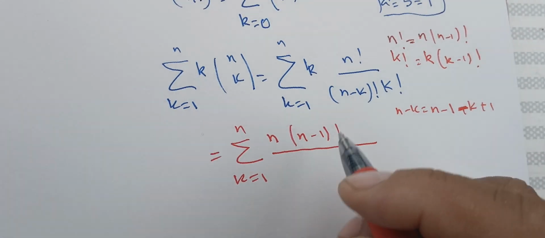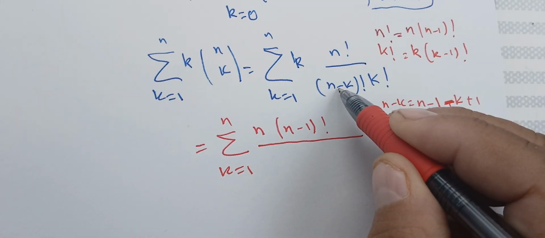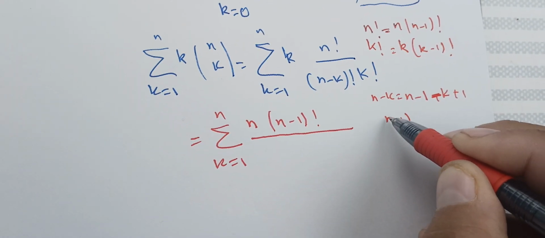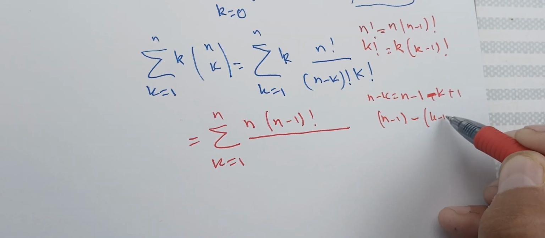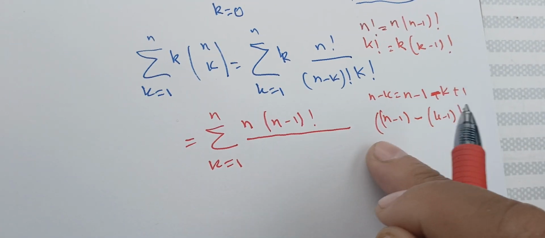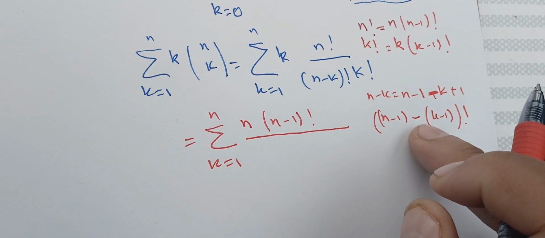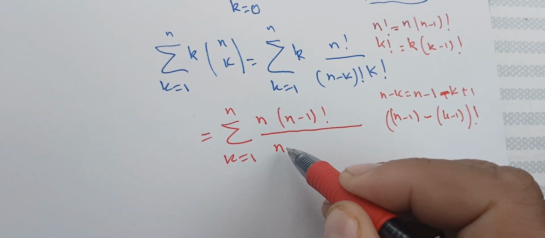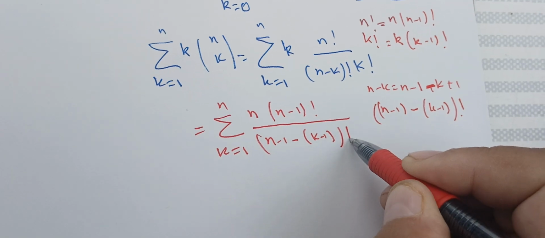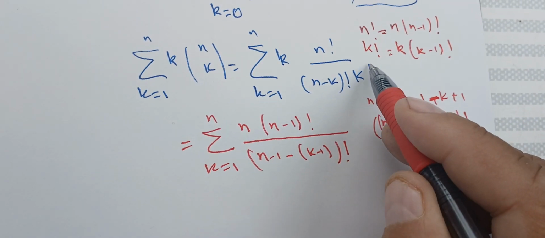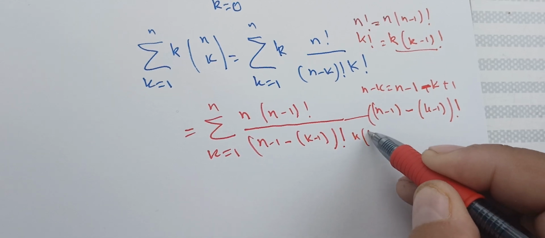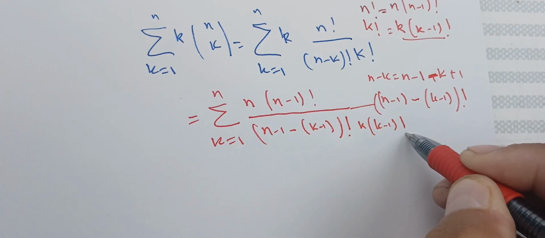Doing so, n minus k factorial is n minus 1 minus k minus 1 factorial. See? This is the same as this one here. And for k factorial, I'm going to use k times k minus 1 factorial.